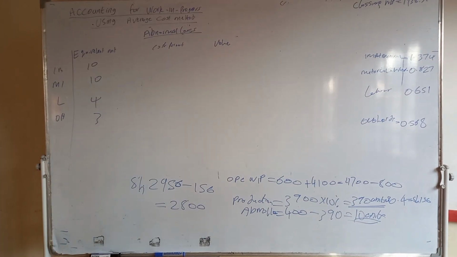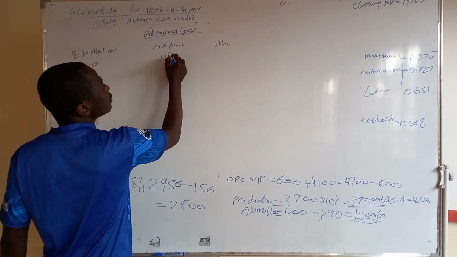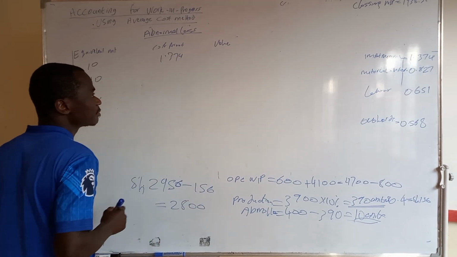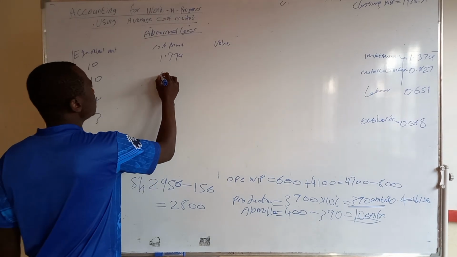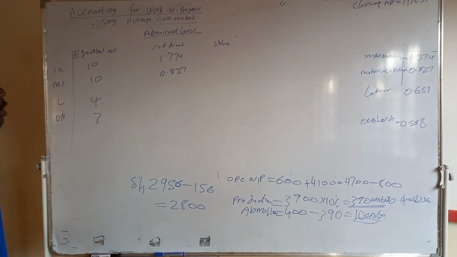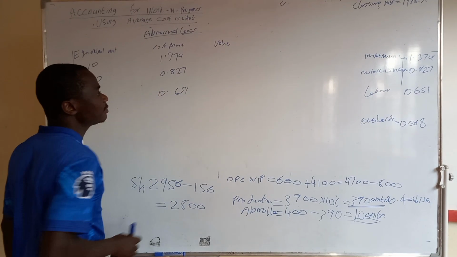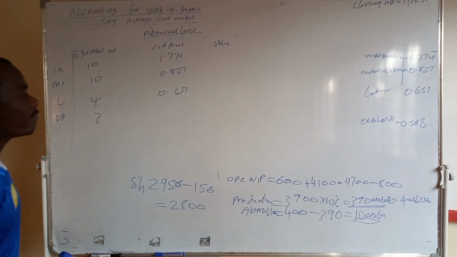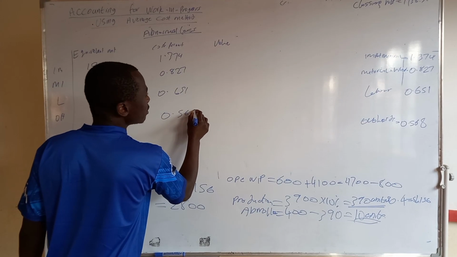Now, the cost per unit is 1.374. Material introduced is 0.827. Labor is 0.651. Then overhead is 0.568.